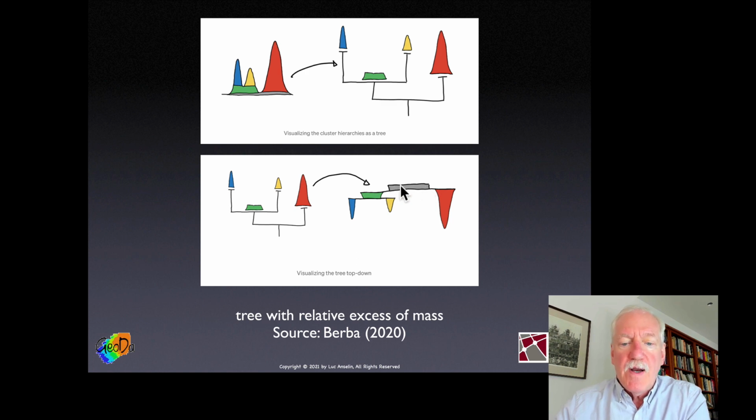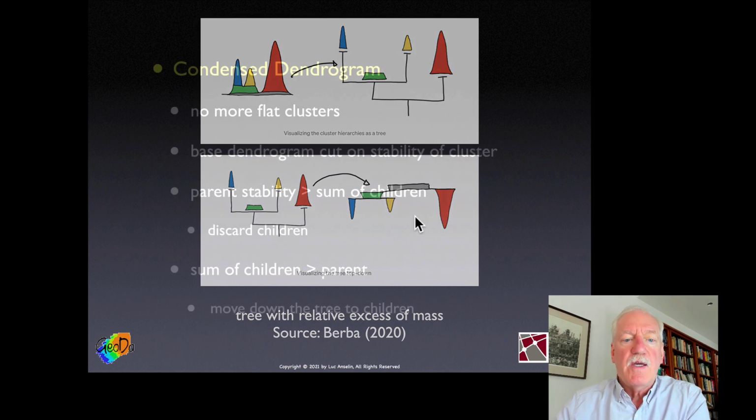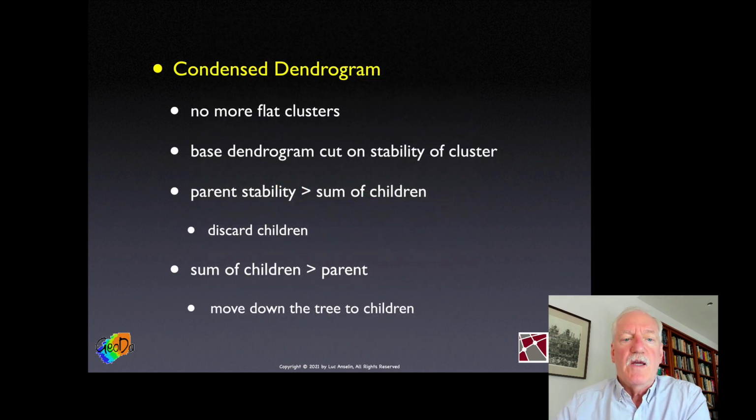And we compare the persistence of the parent to the persistence of the two children. And if the persistence of the parent is larger than that of the children, we stop. If the children are larger than the parent, we split. And this is what we carry out to obtain our condensed dendrogram.